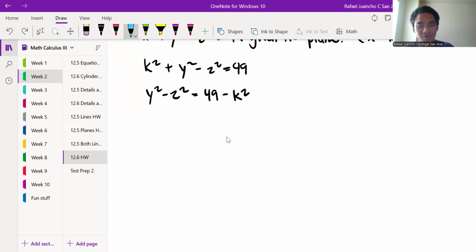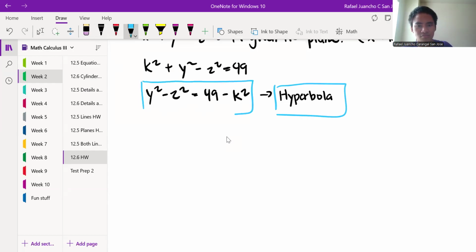And so if there's a subtraction and they're both second degree, that means they're a hyperbola. That's what it means. So here we say that this is a hyperbola. That's how we identify that trace. And this is also our equation. We could do the first one, doesn't matter.